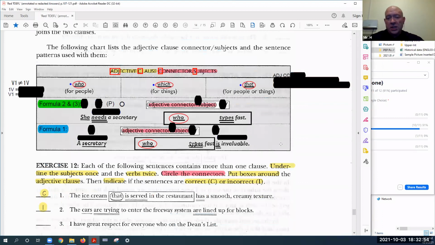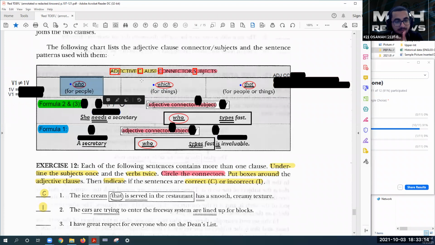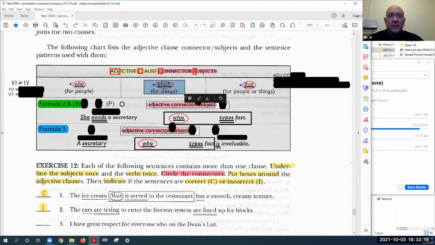Look at the gray box now. Osama, what do you see here? Adjective clause connector subject. And how many are there? Three. Tell me. Who for people. Then? Which for things.